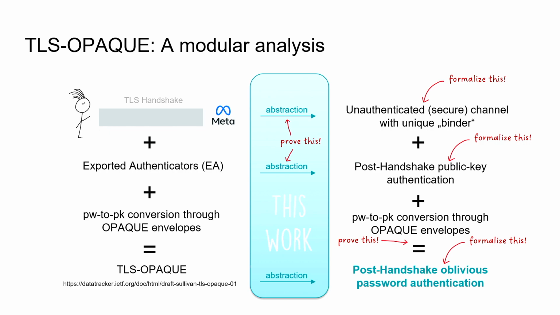Then we prove that these abstract building blocks give you this post-handshake oblivious password authentication. And then essentially to derive the security of the TLS-OPAQUE protocol, we just have to prove that the TLS handshake and the Exported Authenticators instantiate these abstract building blocks. So then after proving these 3 things, we get the final result for free.